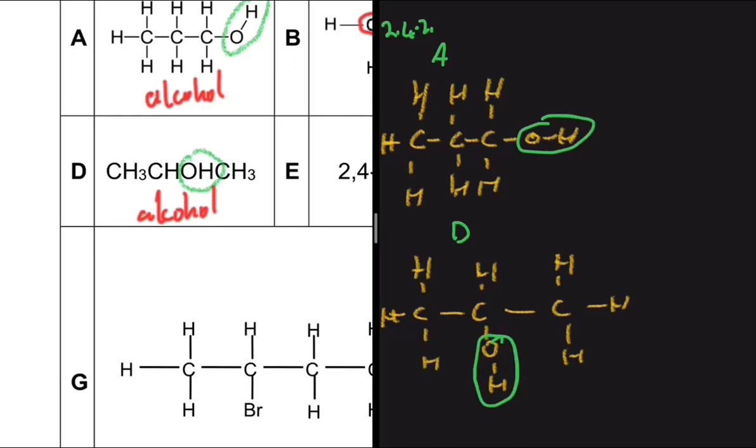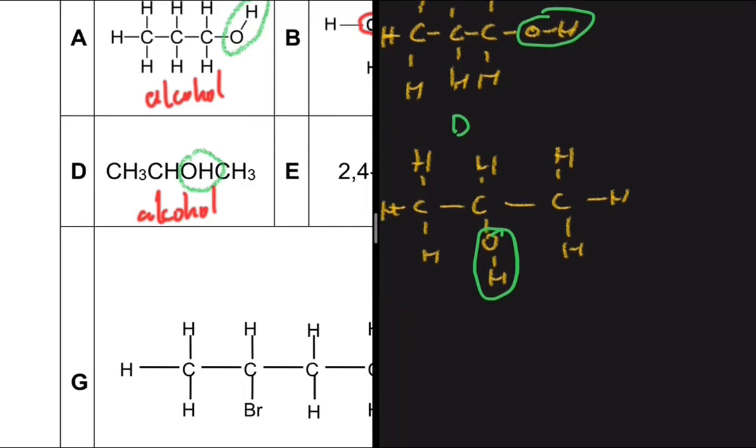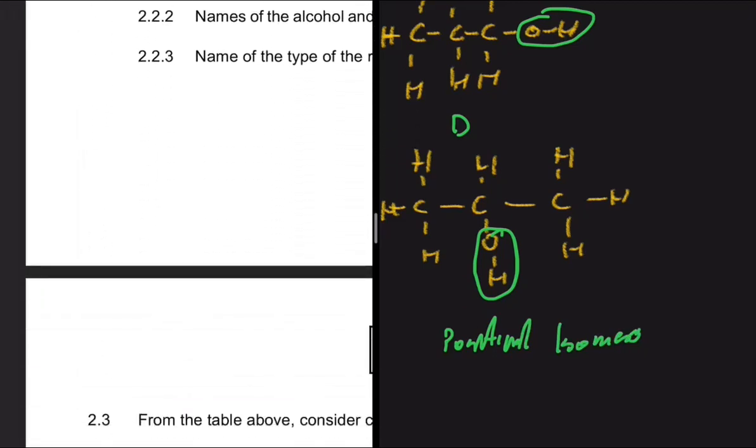So they have the same molecular formula, but a different position of the functional group. Those are called positional isomers. So the answer to 2.4.2 is positional isomers.